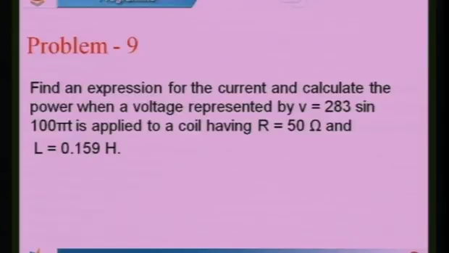Okay. So this problem, if you write as a circuit, I write the circuit like this.